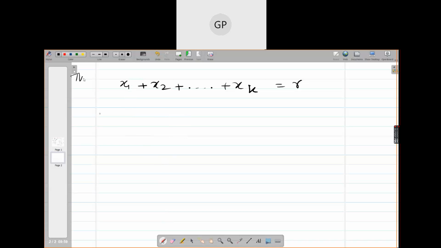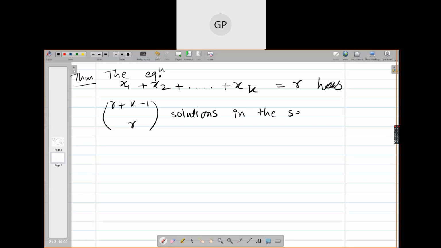Theorem: the equation x1 plus x2 plus up to xk is equal to r has r plus k minus 1 C r solutions in the set of non-negative integers.